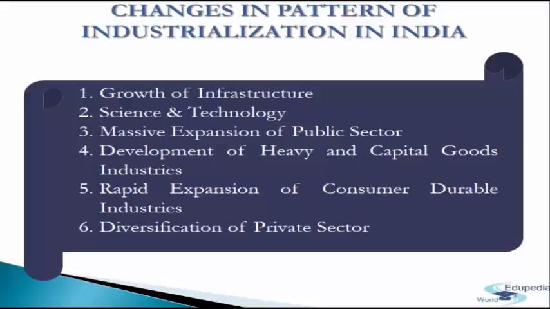Next point is science and technology. Significant progress has been made in the field of science and technology. Indian scientists and technologists are working in many areas on the frontiers of today's knowledge, in the development of nuclear power and the use of space technology for telecommunications and resource development.